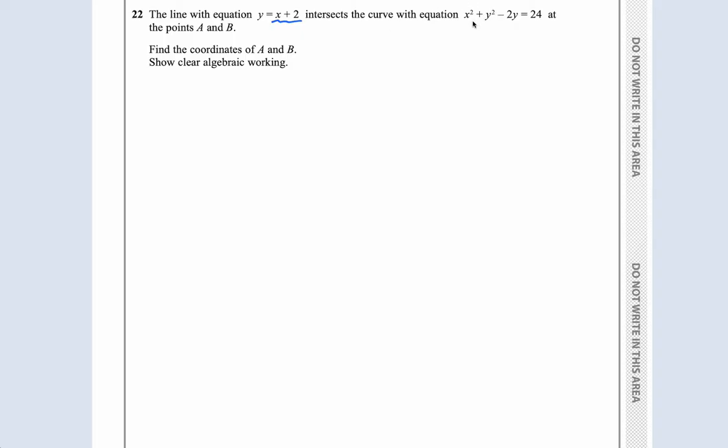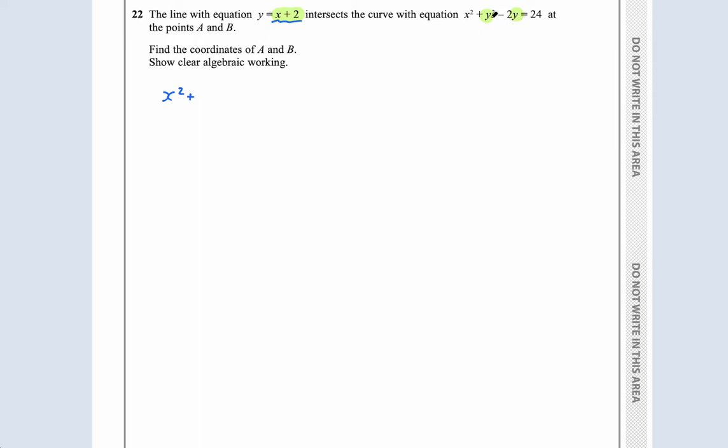So this equation is going to be x squared plus, now instead of y, let me just be crystal clear what I'm doing, guys. This is y, and instead of this y, I'm going to put x plus 2.